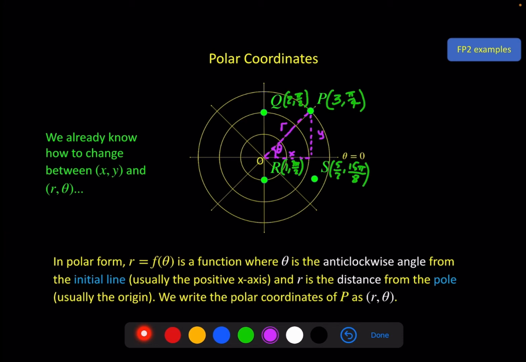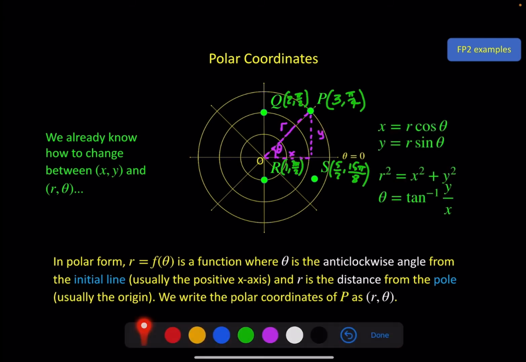That's just a very simple right-angled triangle. You know that x squared plus y squared is r squared, and r cosine of theta is x, r sine of theta is y, and the tan of theta is y over x. So the key relationships between these four things are these four relationships here, which you're already familiar with. And these are the things we're going to use to help us convert between polar equations and Cartesian equations.